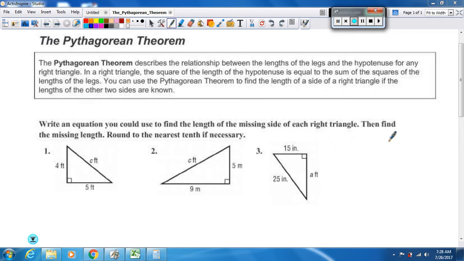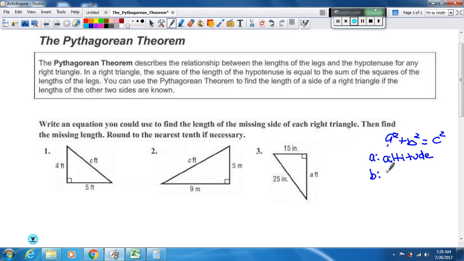Okay, so here's the Pythagorean theorem. It's a squared plus b squared equals c squared. And here's how I like to plug things in. A is altitude, or the height.